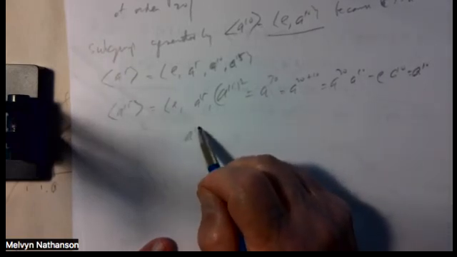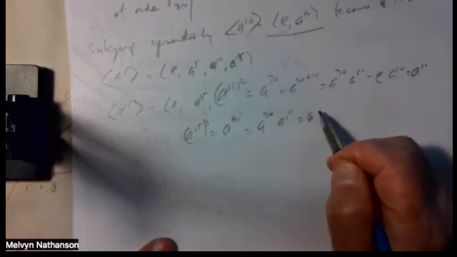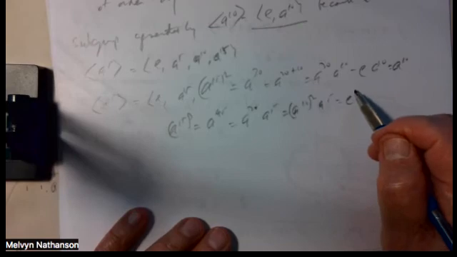Then a to the 15 cubed is a to the 45, which is a to the 20 squared times a to the 5th. A to the 20th is the identity, so you get a to the 5th.